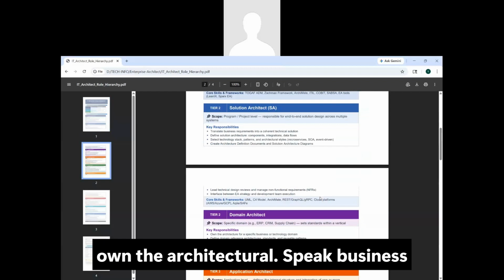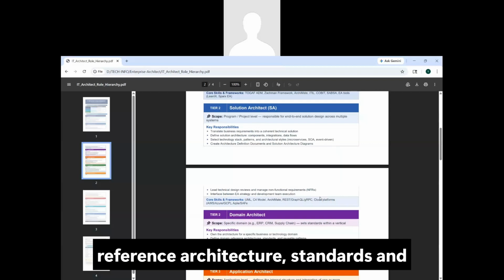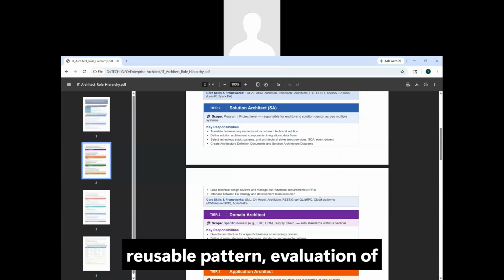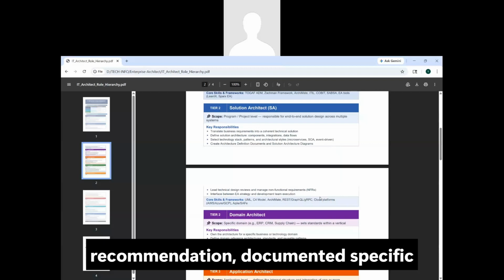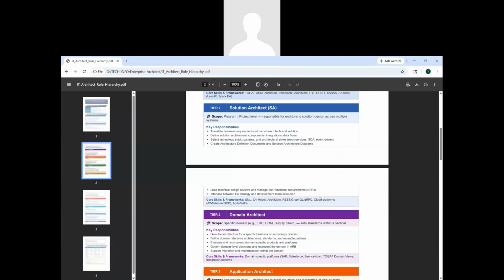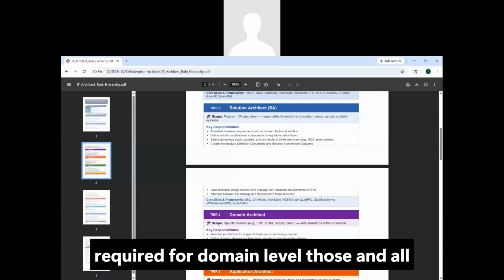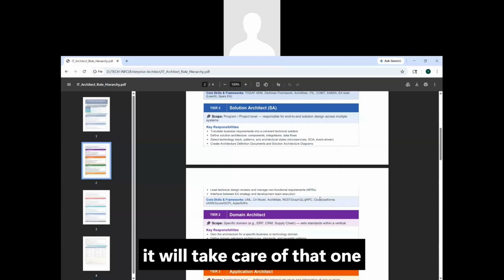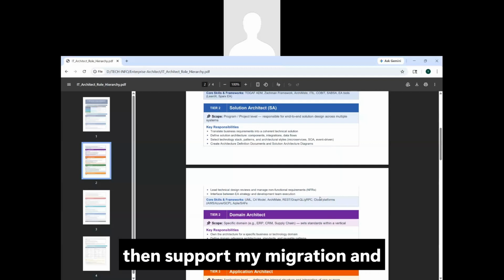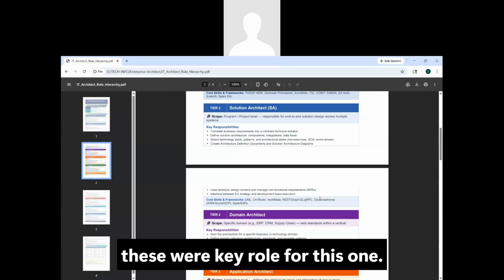He owns the architecture of a specific business or technology domain, defines the domain reference architecture, standards and reusable patterns, evaluates and recommends specific products and platforms, governs what governance is required at the domain level, and supports migration and modernization within the domain. This is the key role.